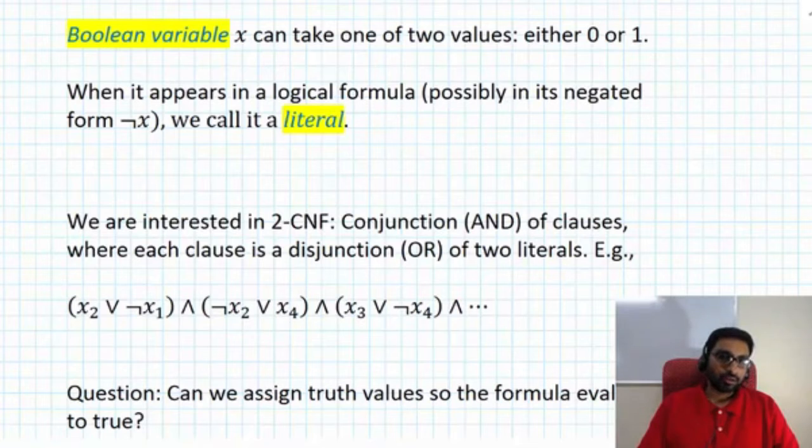In the context of 2CNF, each clause will have exactly 2 literals. So here we see an example of a 2CNF logical formula. And the SAT question is, can we assign truth values to the variables so that the formula will evaluate to true? Another way of stating it is, can we assign truth values so the formula can be satisfied?